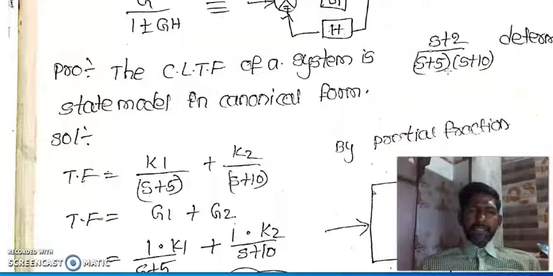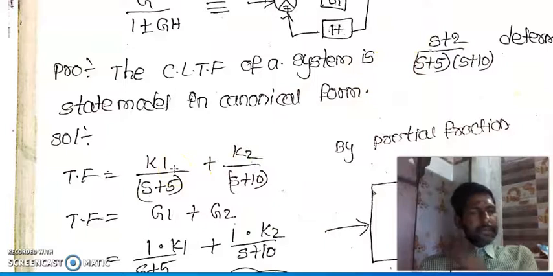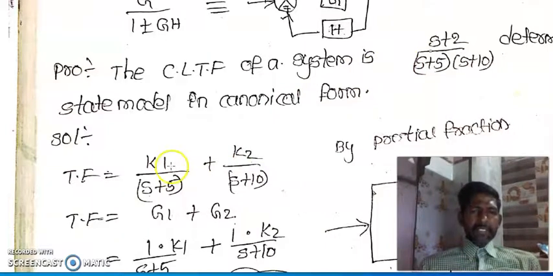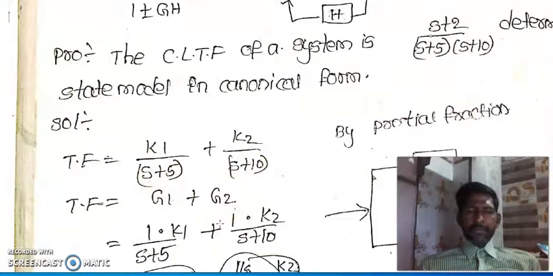To find that, the given transfer function we can split by using partial fractions: K1 divided by S plus 5 plus K2 divided by S plus 10. Let us assume this is G1 and this is G2.